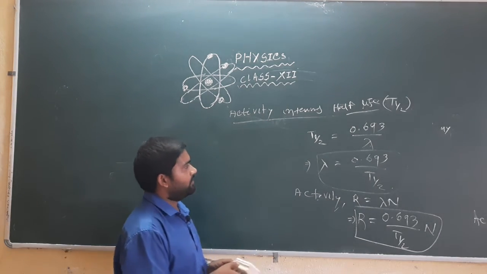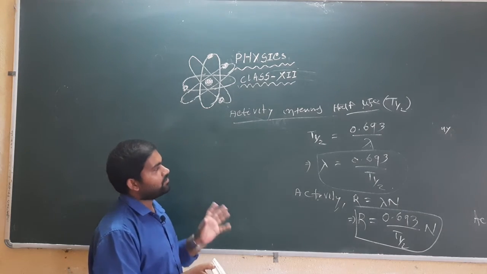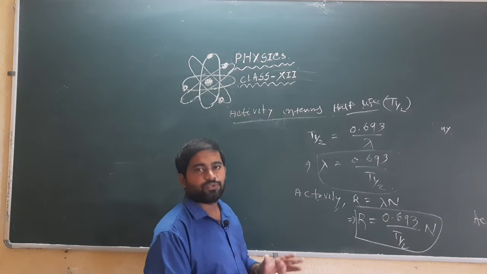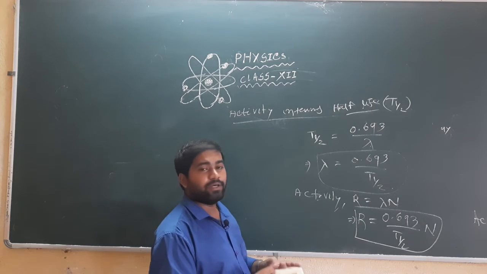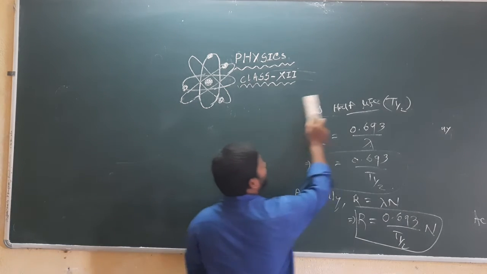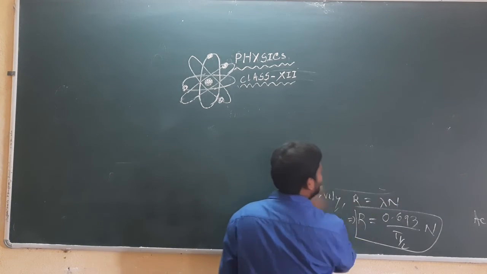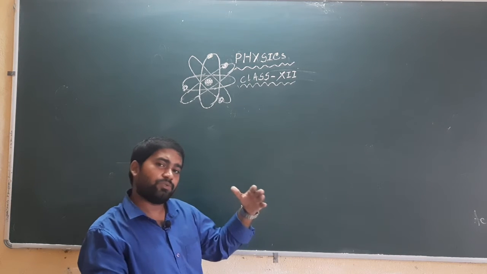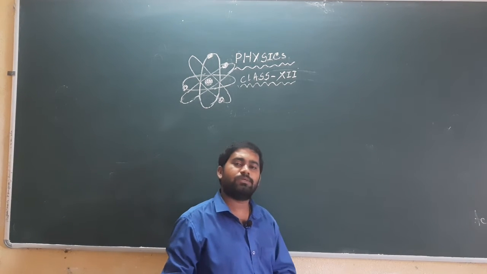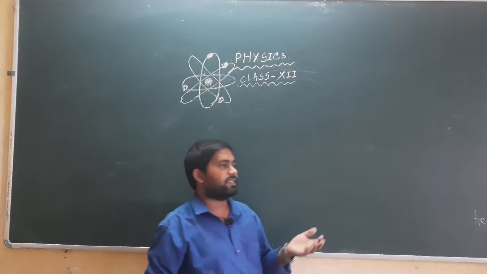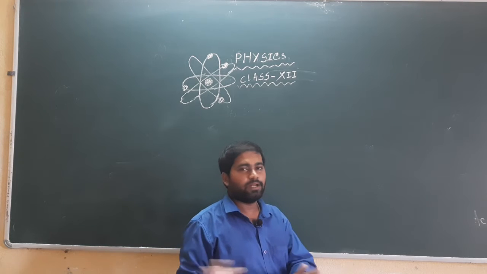Now let's discuss the different units used to measure radioactive disintegration. As we discussed in the history, radioactivity was first observed by Becquerel, then studied by Curie, Rutherford, and others.